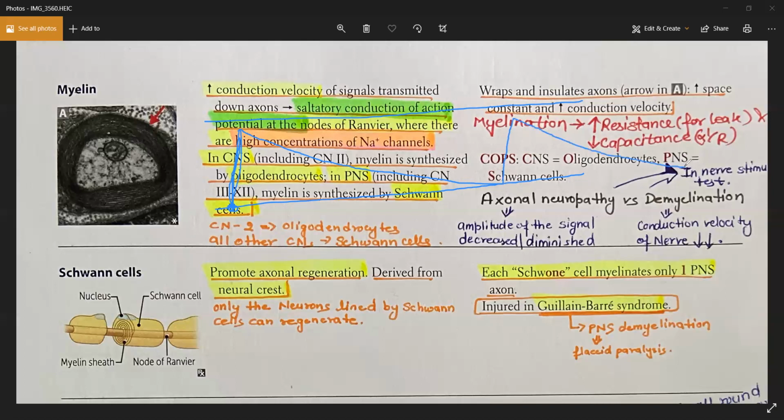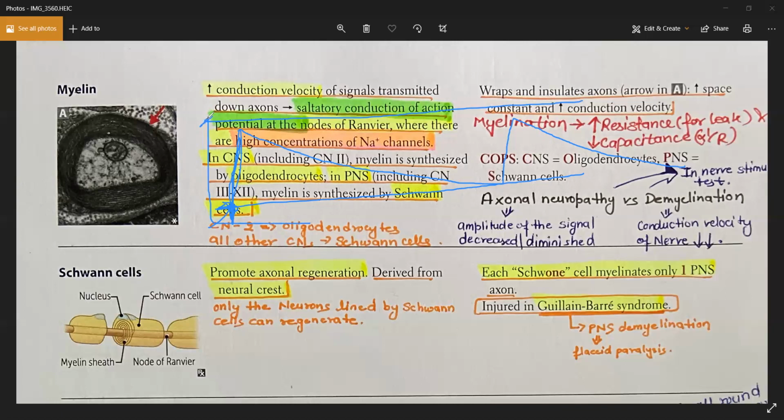Is that okay? You're getting me? Basically what happens is, I give the action potential or any stimulus here, and because of the action potential, I will get a positive charge inside and a negative charge outside. So I have an increase in charge there, and you can draw a graph like that.